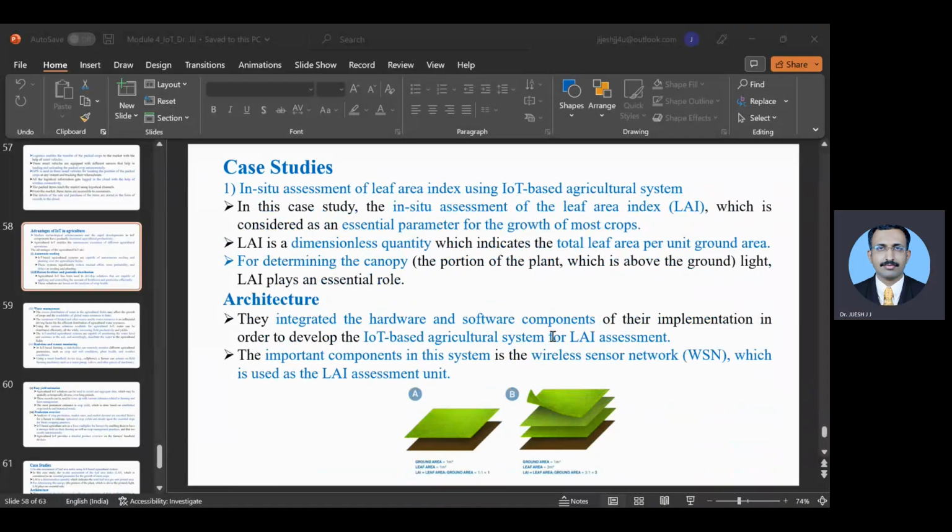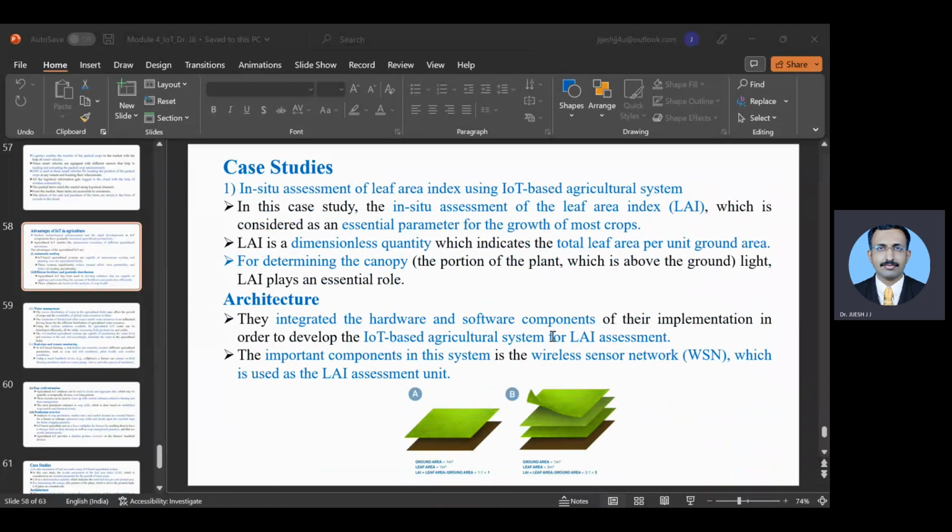What is leaf area? For any plant, everything is important, but what is most important? Food is important, leaf is also important. If you observe a plant closely, you can see that if it has any disease, it will reflect on its leaves. If it has any shortage of nutrients, it will reflect on its leaves.